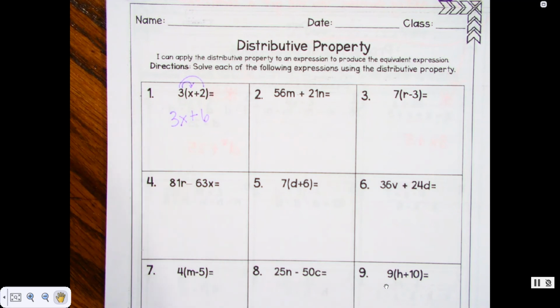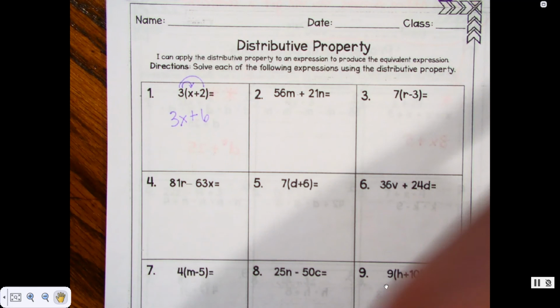Okay? We are going to go backwards, and we're going to figure out what the greatest common factor of 56 and 21 is. And if you want to, you can list those factors out. And I will do that. I'll just do it on this piece of paper. Okay.